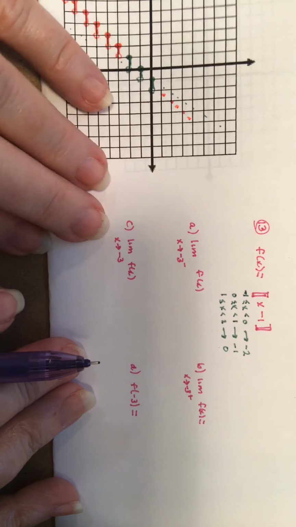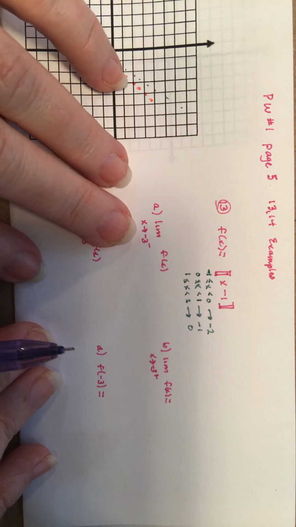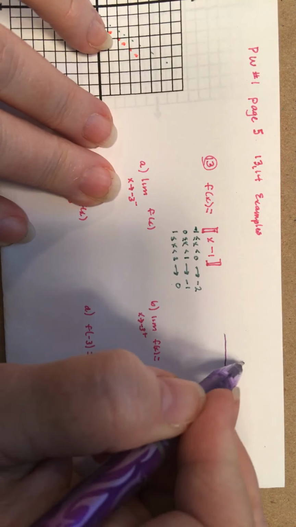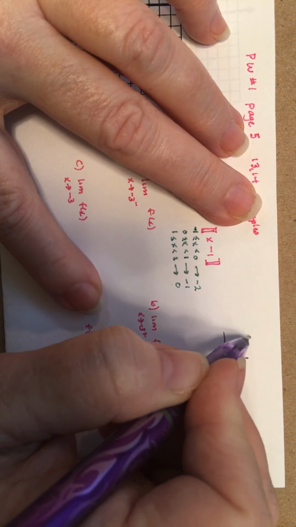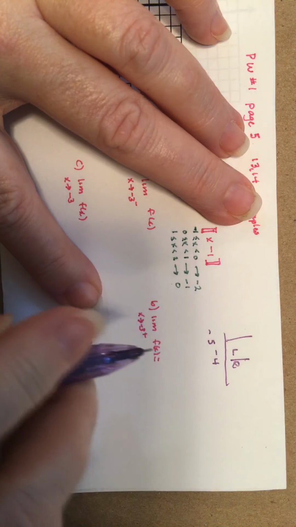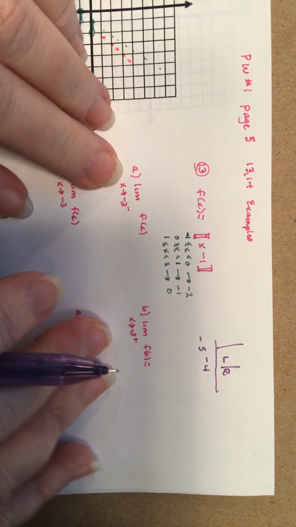Now, I still like to do my analytical the way that I have shown you. So I plug in -3 and I get -4. So here's -4. I do one less, which is -5. I put in my left and right. My x is positive, so it stays the same.